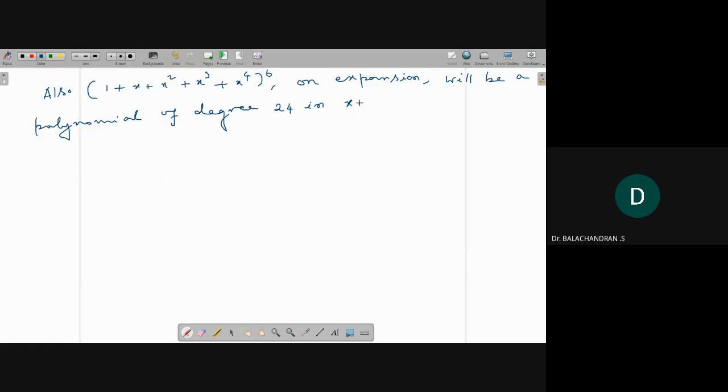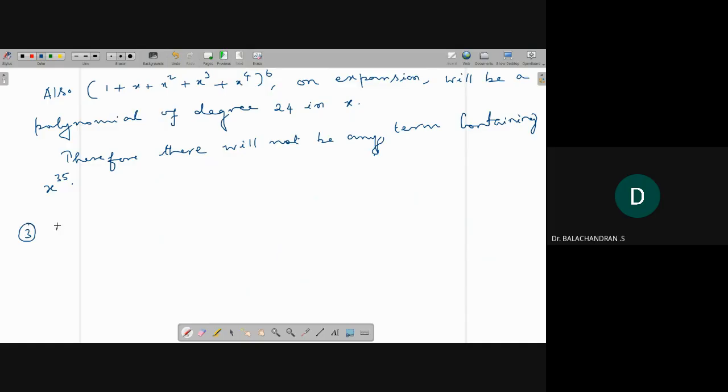So therefore, there will not be any term containing x power 35. So go to the next column.